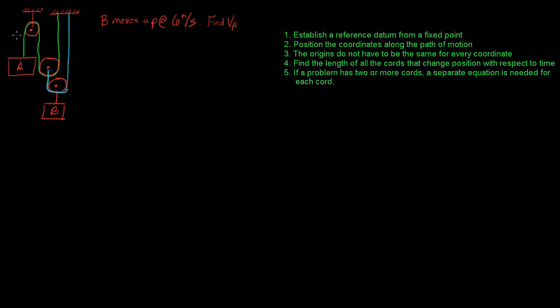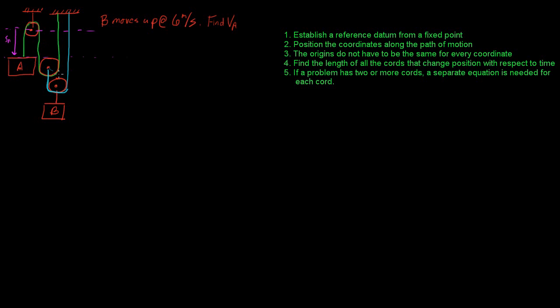So first we establish a reference datum, and this is a good point. Right here, it's connected to a fixed point, and we're interested in how far away A is. So we'll call this positive. The positive direction is going down, and this will be SA.